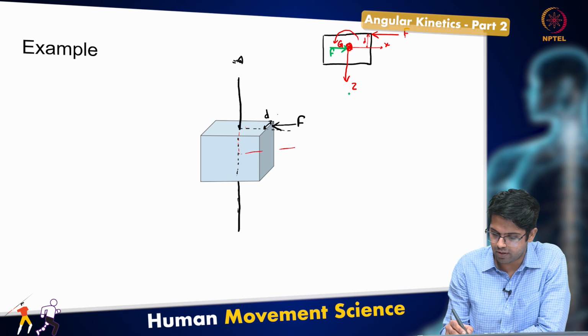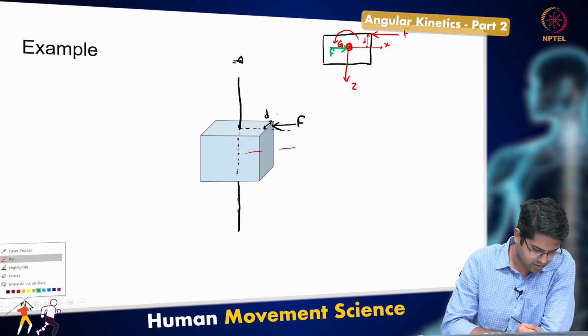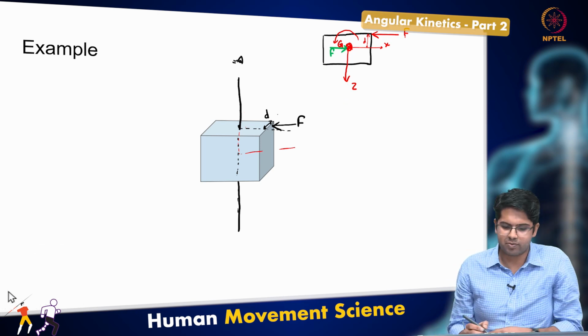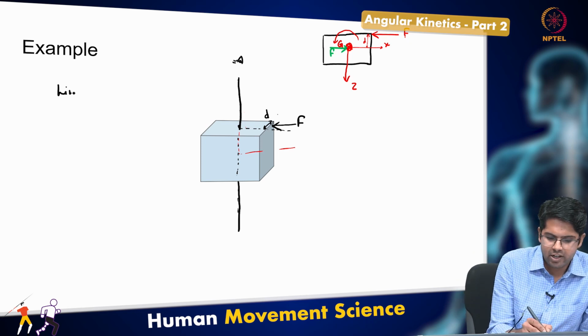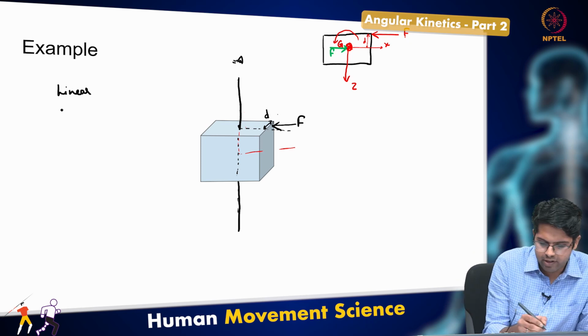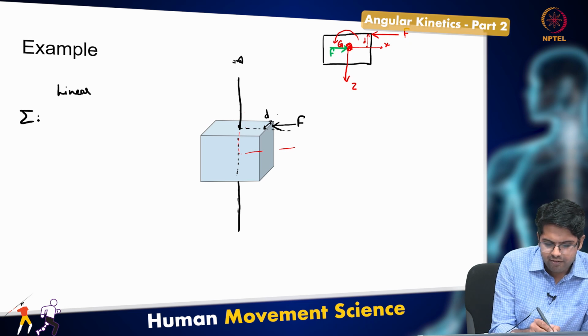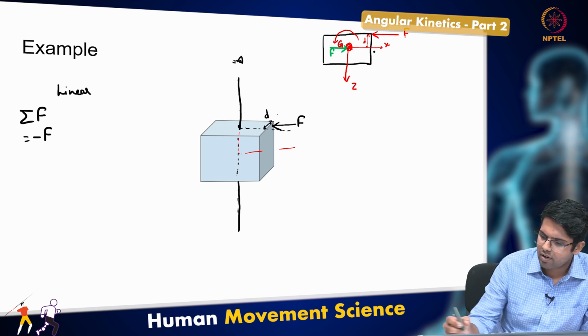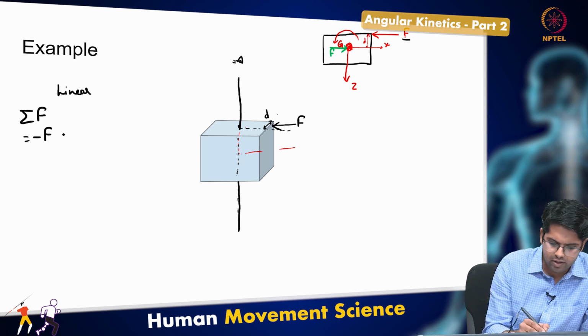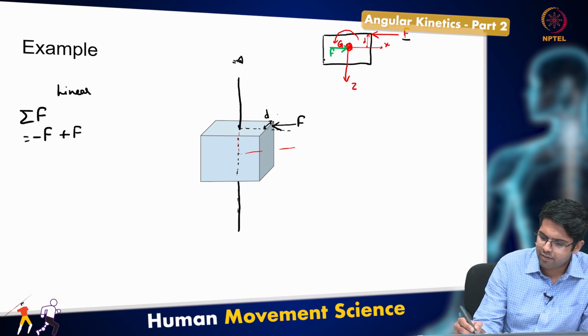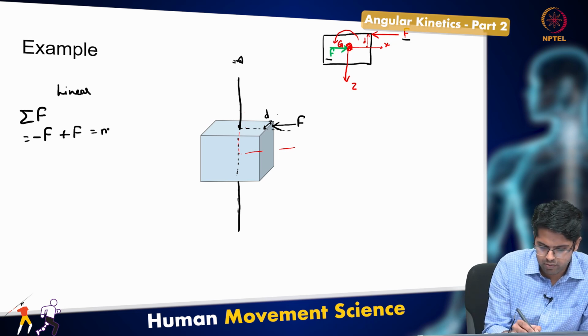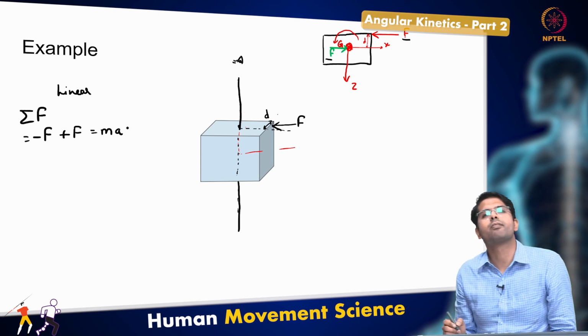so if I was to look at the analysis of this system now, for the linear motion, I have already said sigma F is equal to minus F, which is this component here, plus F, which is this component here, is equal to mass times acceleration.